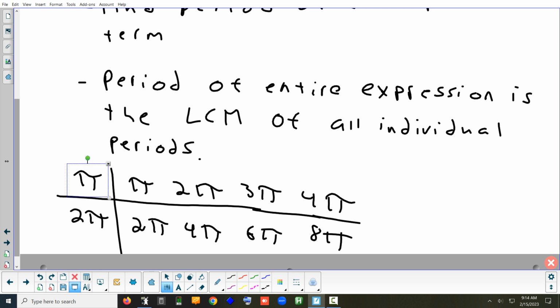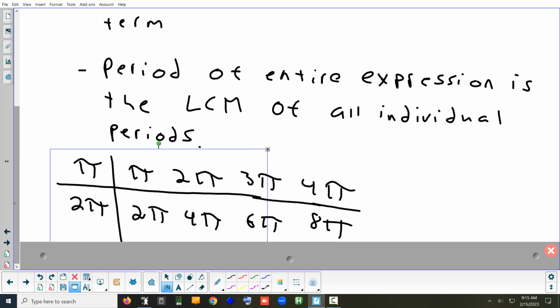So if one of your terms had a period of pi, and the other one had a period of 2 pi, you need to find the least common multiple of 1 pi and 2 pi, which, based on that chart, what's the smallest multiple that they have in common? 2 pi. The least common multiple has to be at least as big as the individual periods.